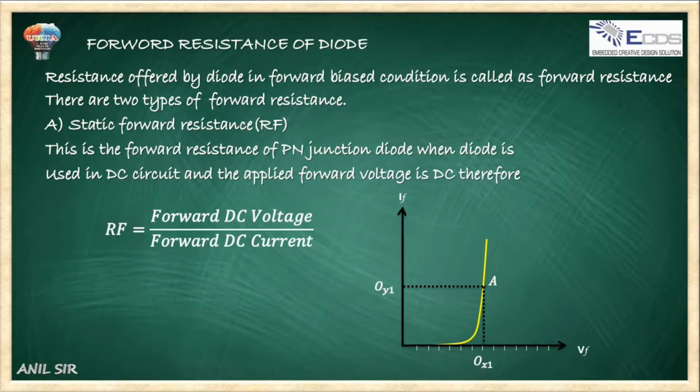By these two points, y1 and x1, we are taking the voltage upon current. It is called the static forward resistance. So at a particular point we can calculate the static forward resistance: forward DC voltage upon forward DC current is called the static forward resistance at a particular point.